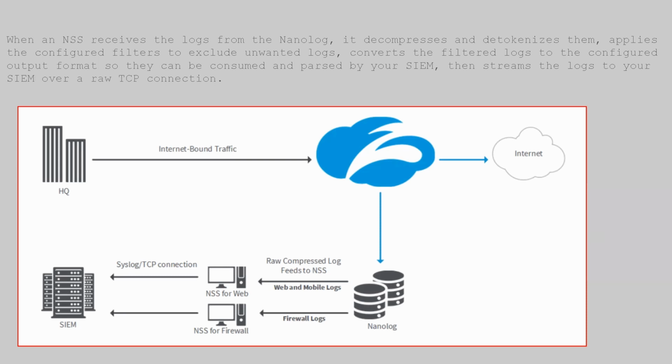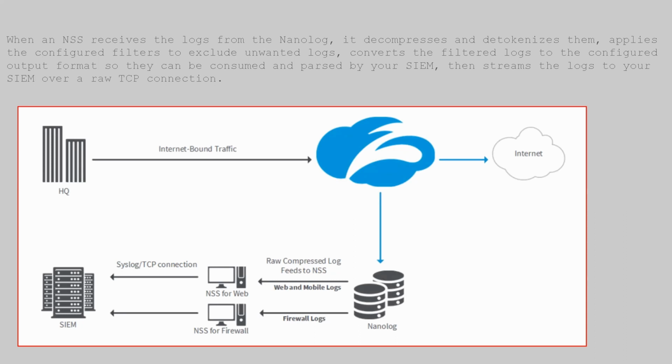And then NSS converts these logs to the configured output format. The output format option is again in the NSS feed when you configure it. And then it makes them in a way that your SIEM solution can understand these logs and forwards these logs from NSS to your SIEM server over a TCP connection.